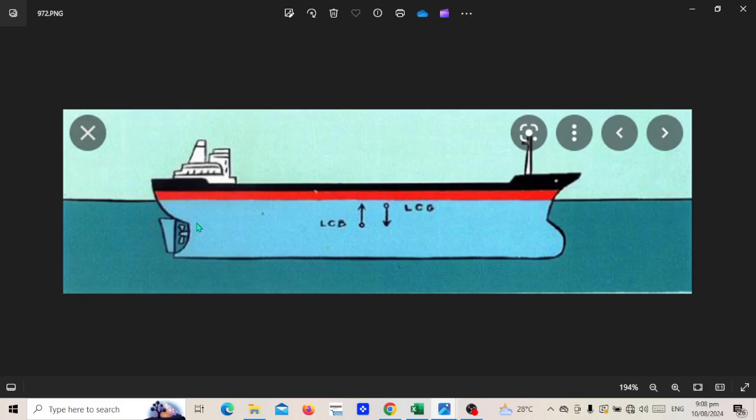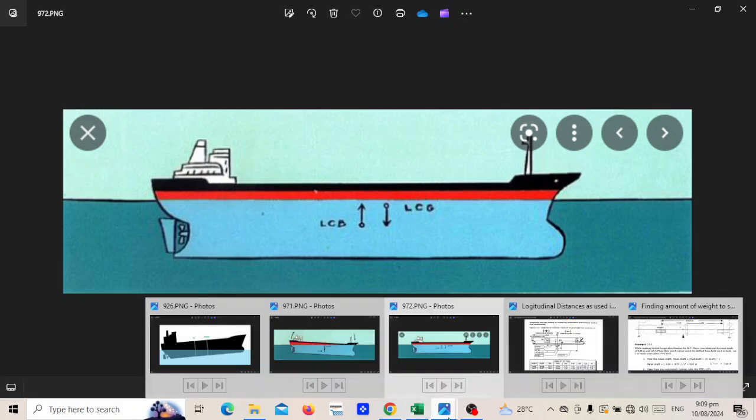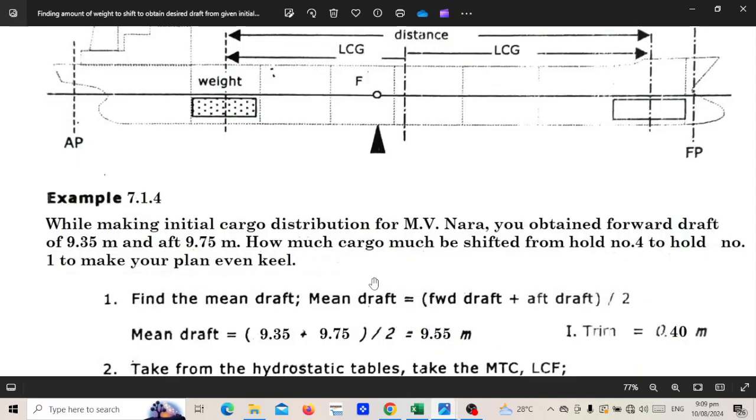So we take out cargo in hold number 4, ship it to hold number 1, and when we put the amount of cargo in hold number 1, then the vessel will be upright. Okay, so that is what the problem meant.